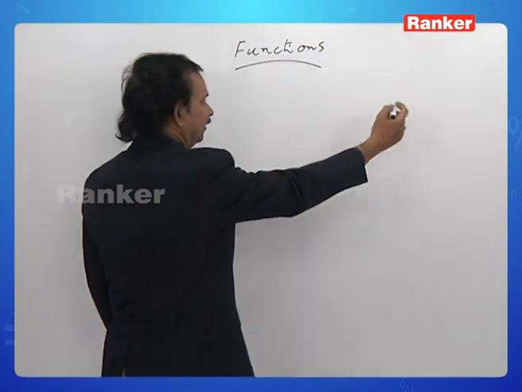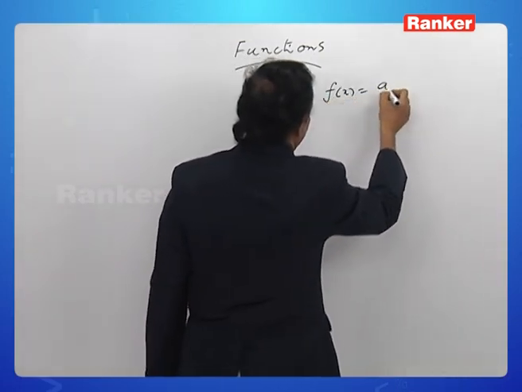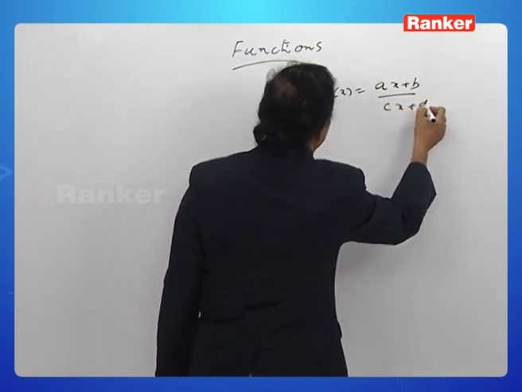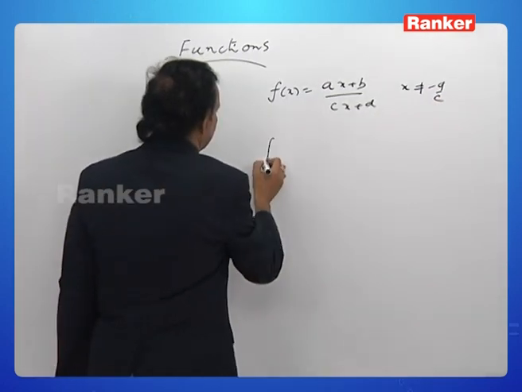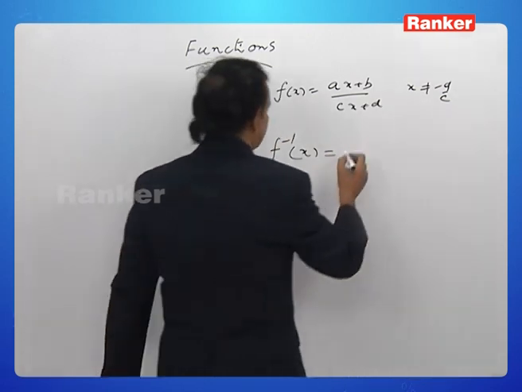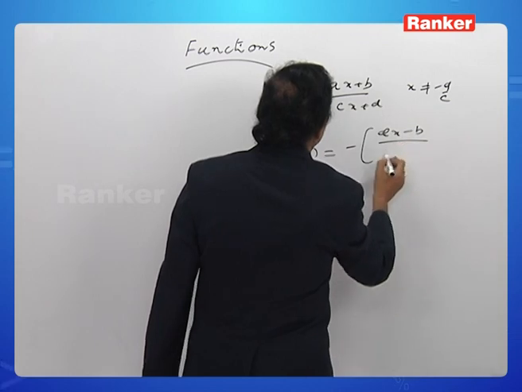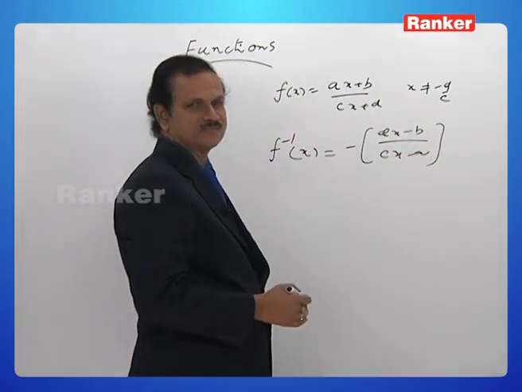Here, let us recall a very simple formula. f of x is equal to ax plus b by cx plus d, and x not equal to minus d by c. In this case, we can see that f inverse of x is equal to minus of dx minus b by cx minus a. From earlier algebra, we can trace it.